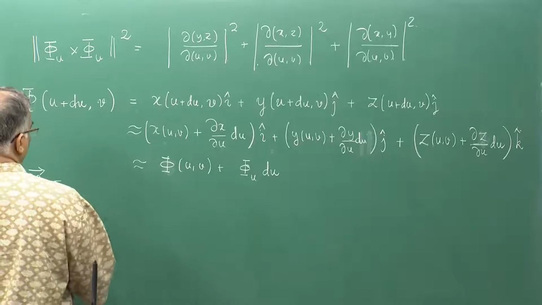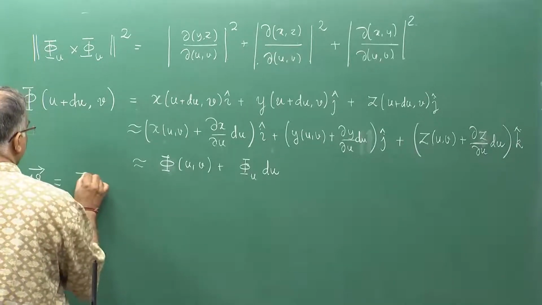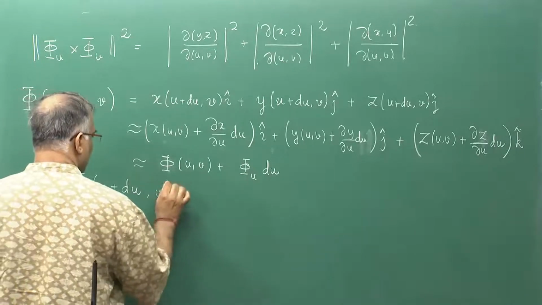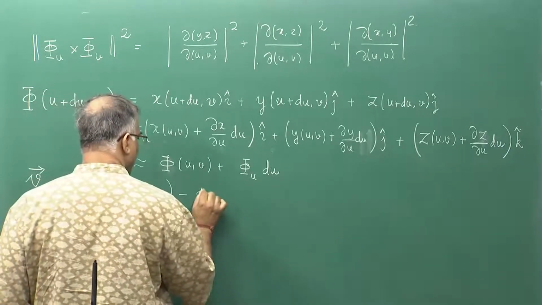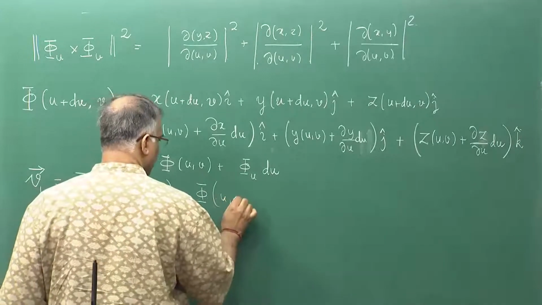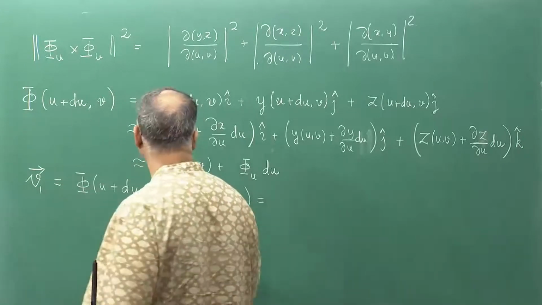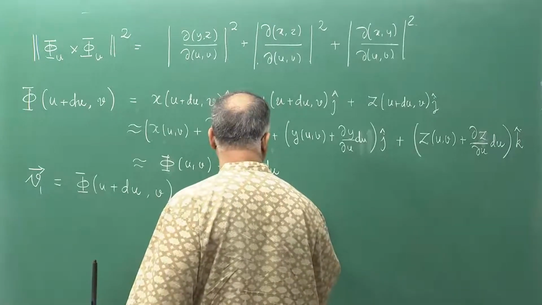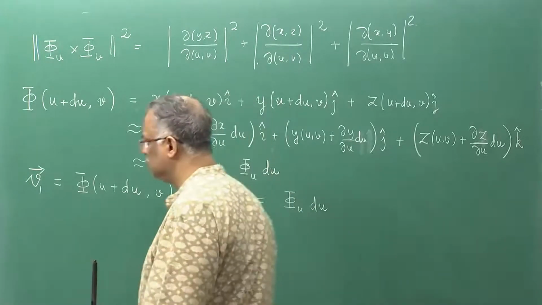So when I write phi of u plus du, v minus phi of u v, phi of u v cancels and this becomes nothing but phi u du.